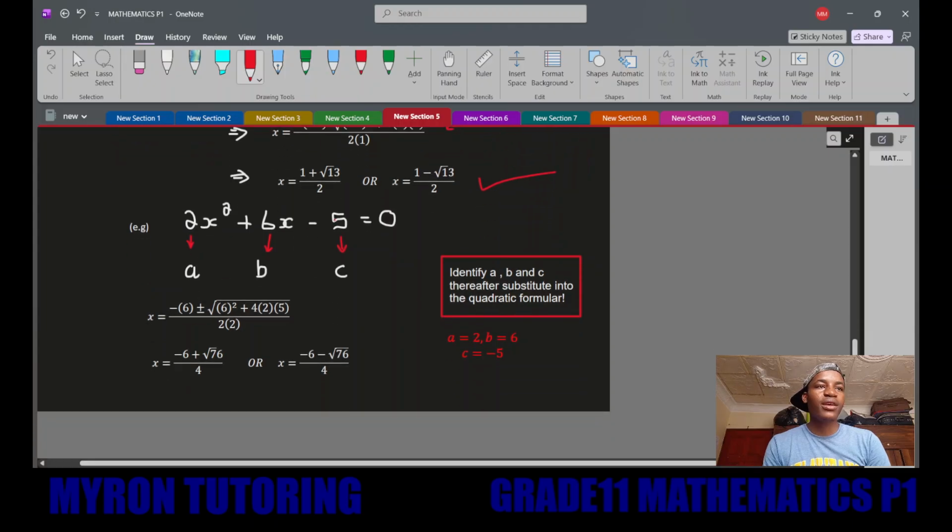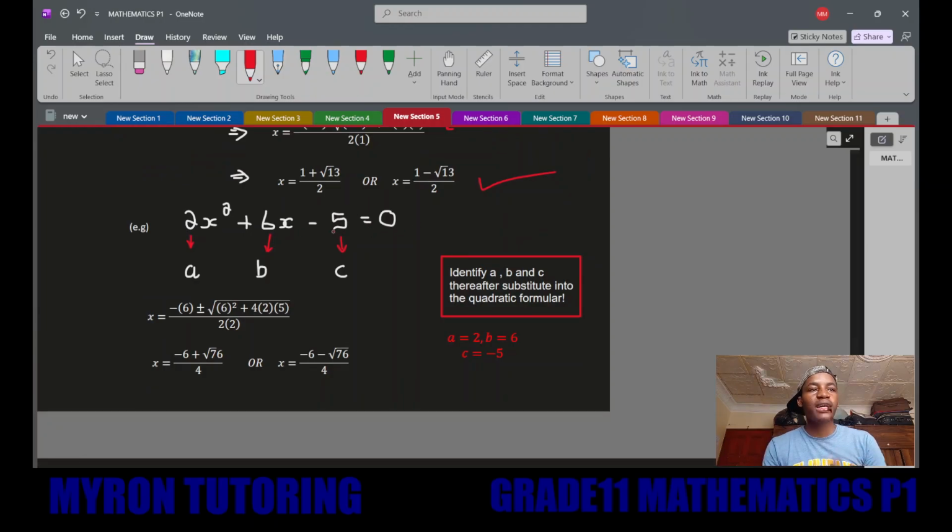Same here, when you're given 2x squared plus 6x minus 5, realize quickly that it cannot be factorized. Then from there, use the quadratic formula. The good thing about the quadratic formula is that even if the equation has factors, you can still use it to get these two answers correctly.